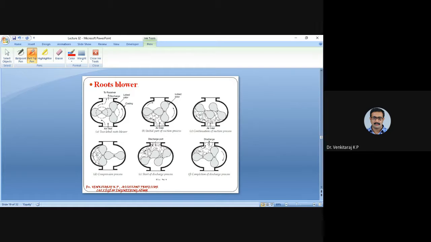And you can see what happens after that. The lobes are getting rotated, and you can see the third figure on the top. Each lobe gets rotated. So as they rotate, എവിടെയൊക്കെ vacant space ഉണ്ടോ അവിടെയൊക്കെ എയർ കയറി filled ആയിട്ടുകൊണ്ടിരിക്കും.